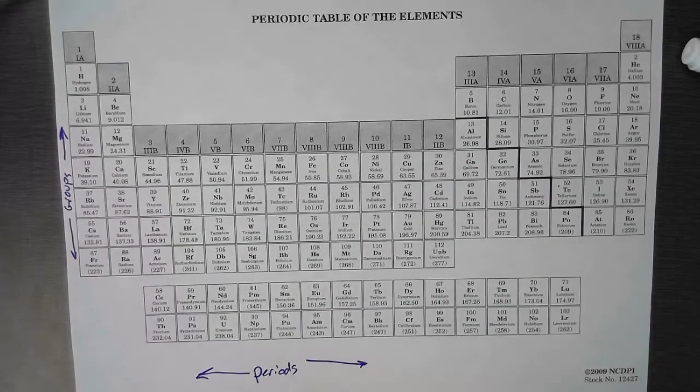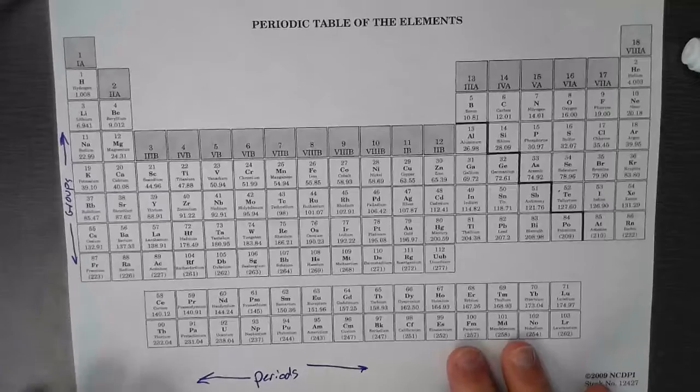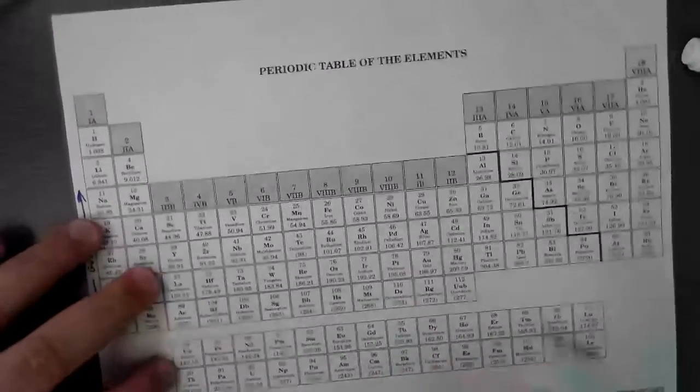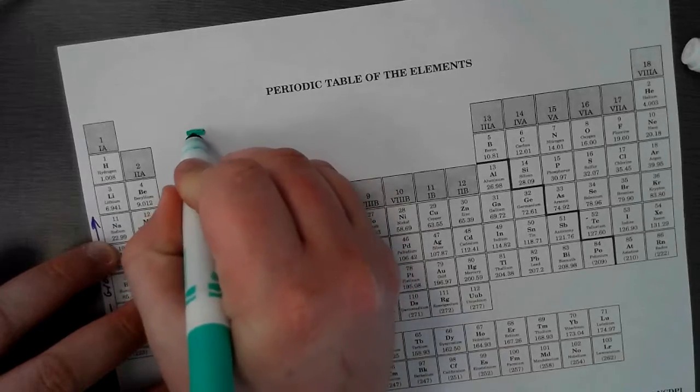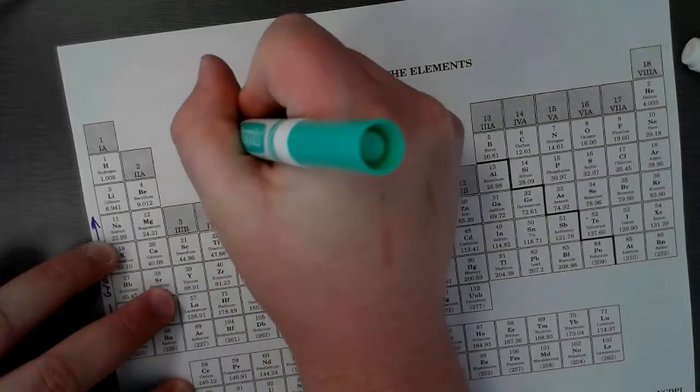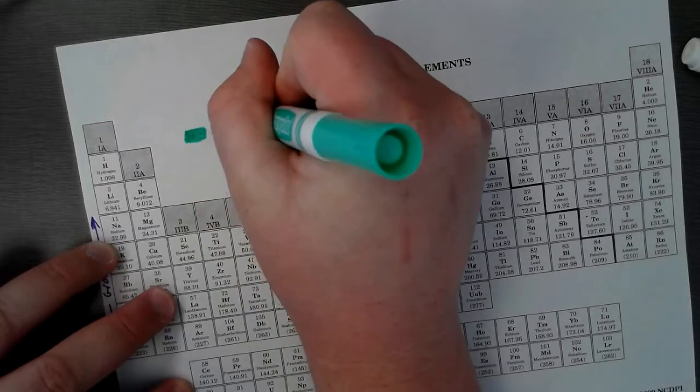Okay, first thing we need to do, with our three colors, is make a key so that we know what we're looking at. With your first color, pick whichever color you want. Your first color, you're going to mark, and these are going to be your metals.